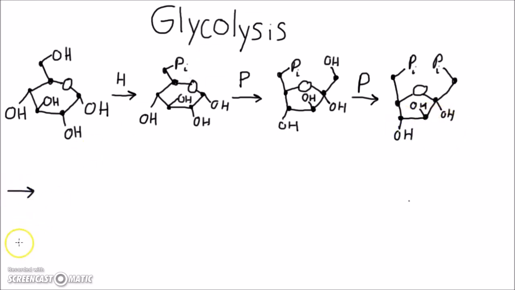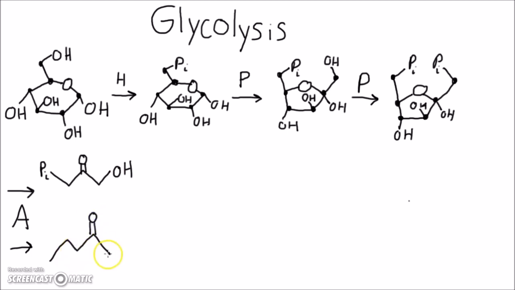So the enzyme aldolase splits up the molecule fructose 1,6-bisphosphate into dihydroxyacetone phosphate and glyceraldehyde 3-phosphate. So the one up here is dihydroxyacetone phosphate. It's a ketone group with a phosphate group on the left and the OH group on the right. And down here we have the glyceraldehyde 3-phosphate.